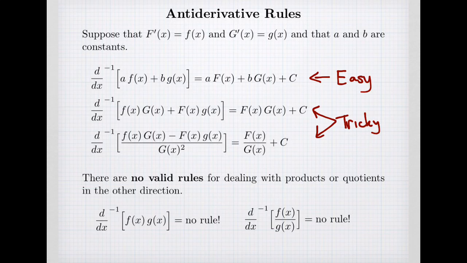We don't know how to deal with things unless they appear in a perfect product form, like that last example on the previous slide. Now, in particular, if I see only one part of a product, there's no rule. Or if I only see one part of a quotient, there's no rule. You can't take the antiderivative of the pieces and expect to get the answer of the product. It doesn't work.